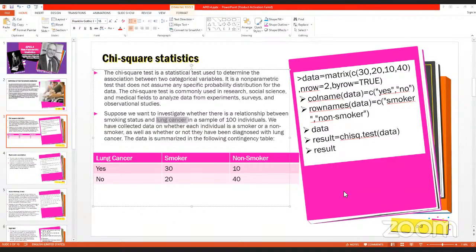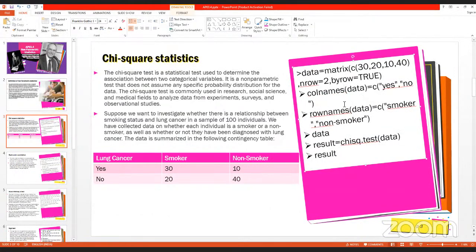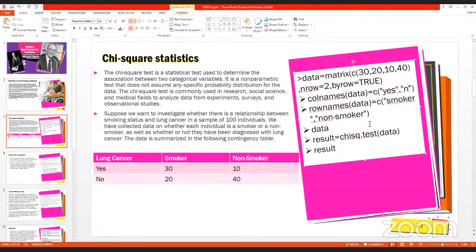P value is 0.001. Even in my slide there is a mistake. Yes, Pooja, tell. P value is 0.0001. Fine. So what does it show?